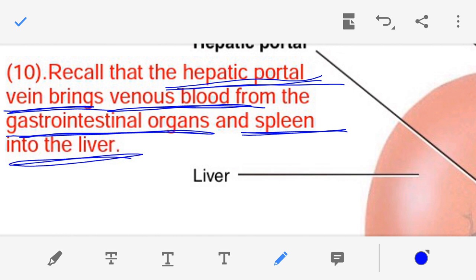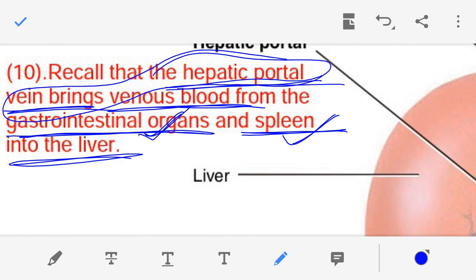So blood is coming into the liver from where? From the gastrointestinal organs and from the spleen. And which structure is bringing this blood? The hepatic portal vein is bringing this blood into the liver.